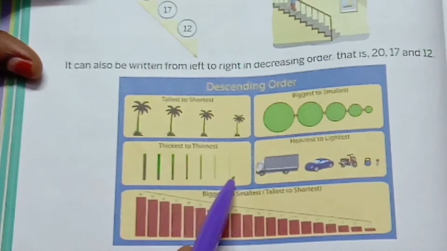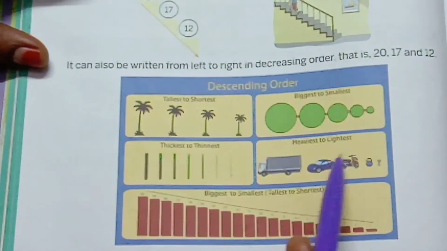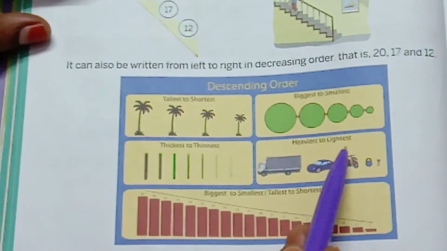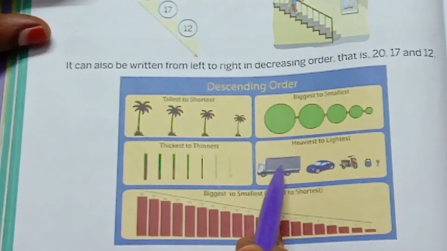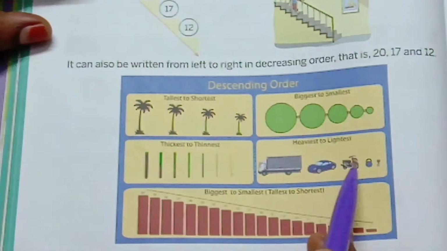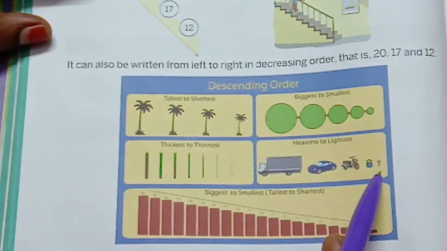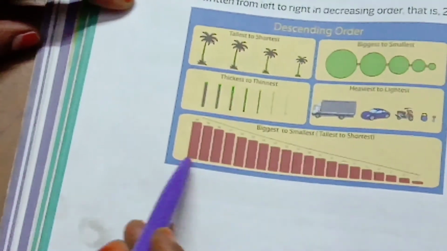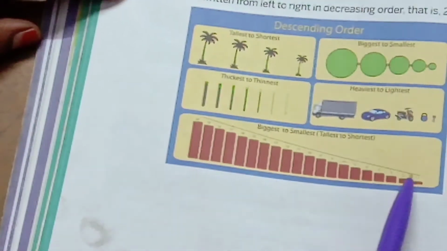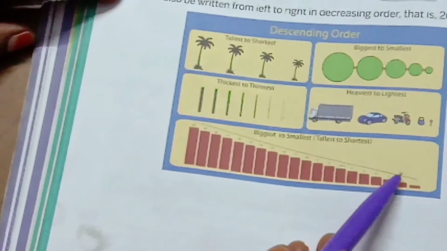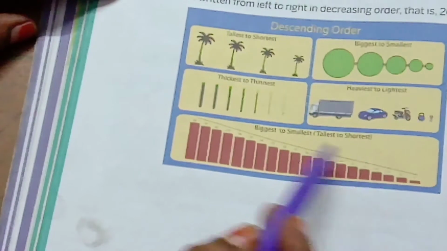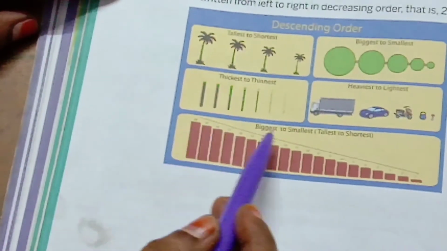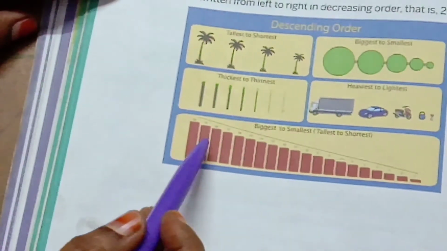After that, thinnest. See. Now, vehicles. Heaviest to lightest. Heaviest vehicle first we can mention. After that, last we can find the lightest vehicle or lightest thing. Okay children? Now, see here, steps also, biggest to smallest. Here steps are arranged from 1 to 20, no? But we can find only descending order.